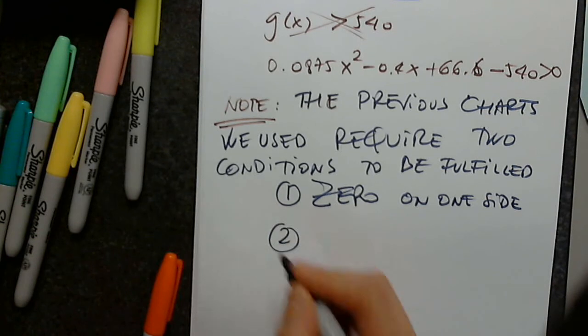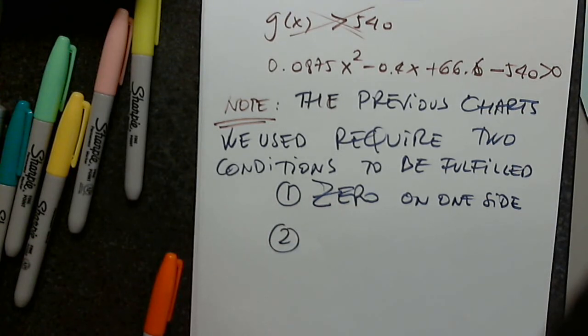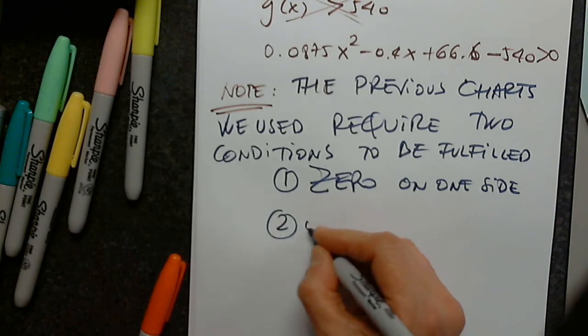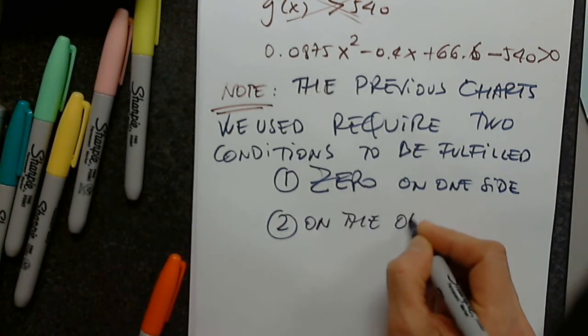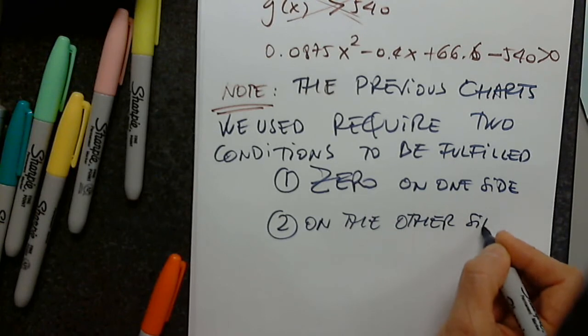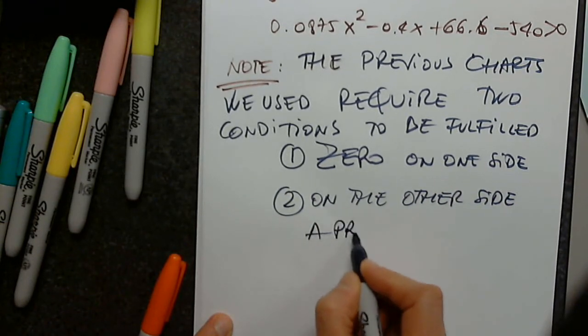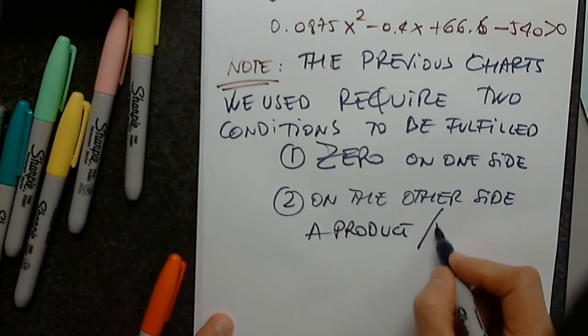Number two, the second condition, on the other side, not the 0 side, on the other side, a product or ratio.